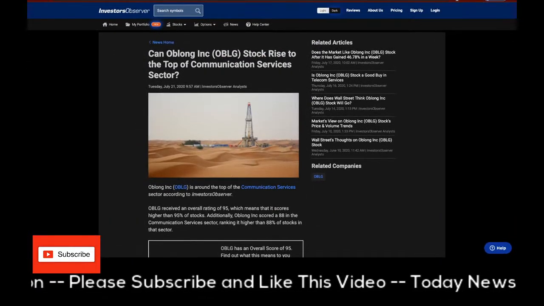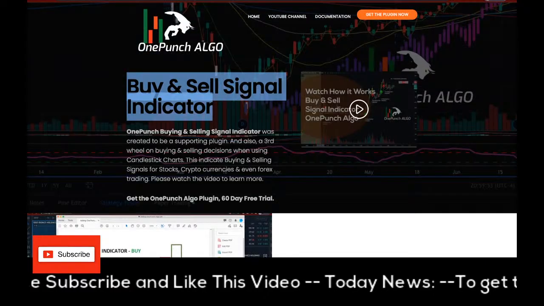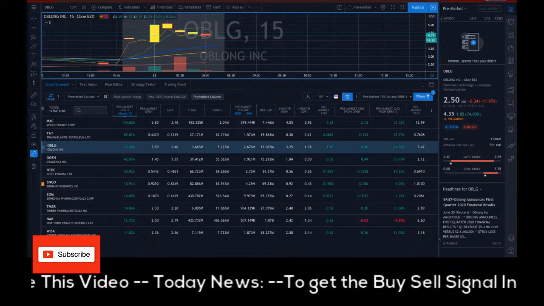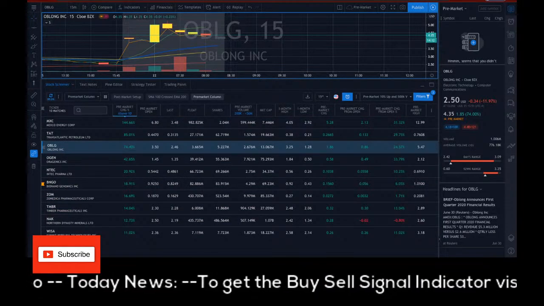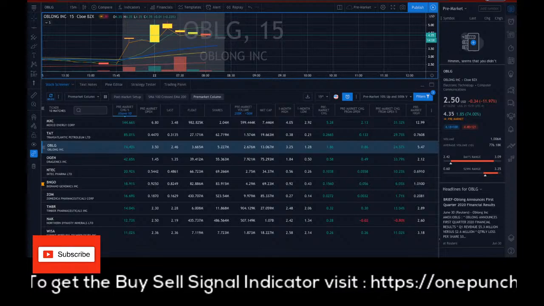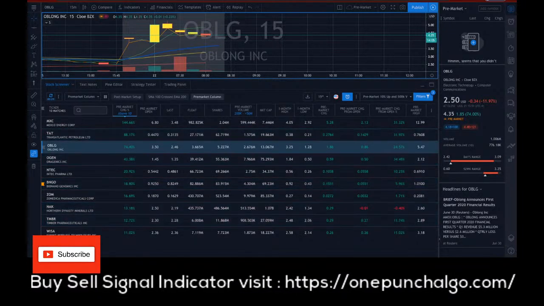Now, this is just an analyst report. They do have 5 million outstanding shares, so that's good. 3 million share float, already 2.6 million pre-market volume, so that's also good.